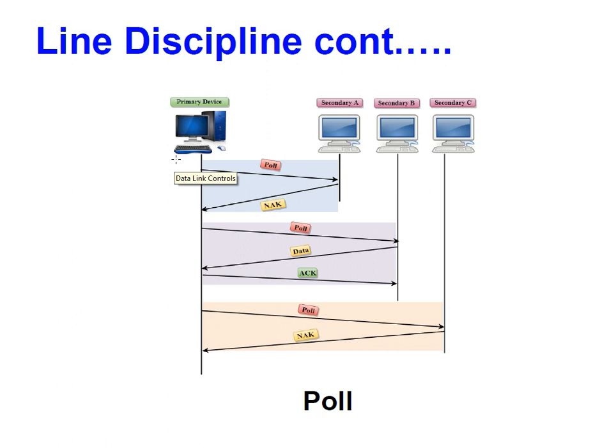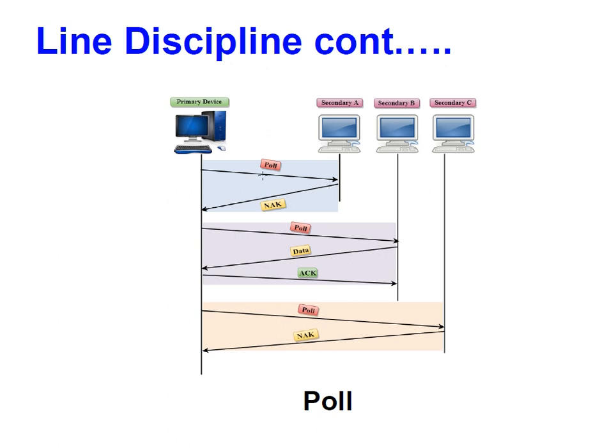Now the next is poll. The poll form of communication is used when a primary device wants to receive some data from a secondary device. Here the secondary device wants to send data to the primary. So the primary device looks for which device is going to send data.